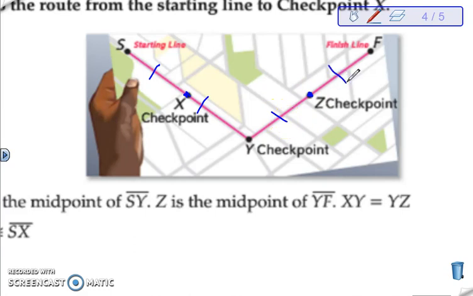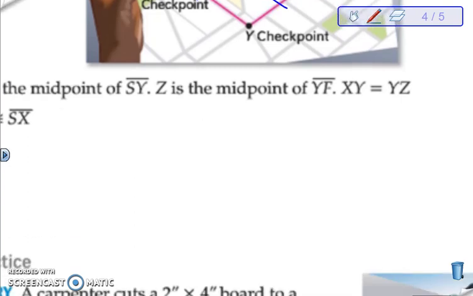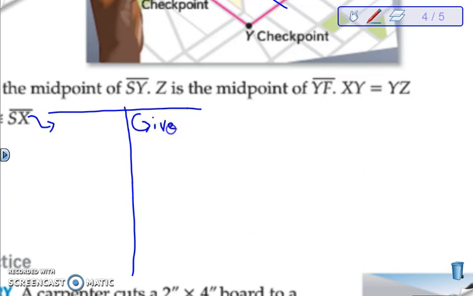And we're trying to prove that ZF is equal to SX. So we're going to make our table. Again, for the sake of time, I'm just going to copy all the given information down over there.